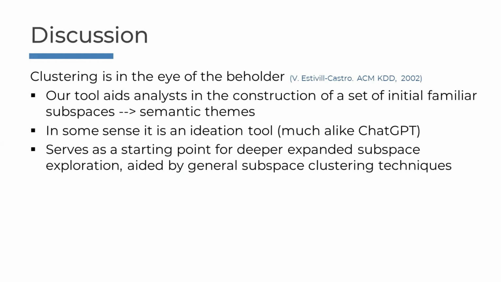Instead, you have just a few that you're familiar with, and you see some initial trends that you can think about. Then you expand out and find new things that you didn't think about. So it serves as a starting point for deeper, expanded subspace exploration, aided by general subspace clustering techniques further down the line in this strategy.